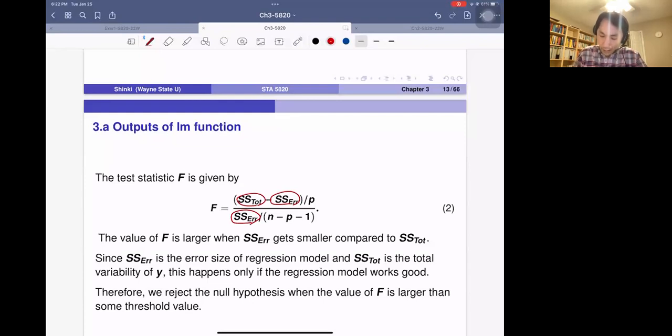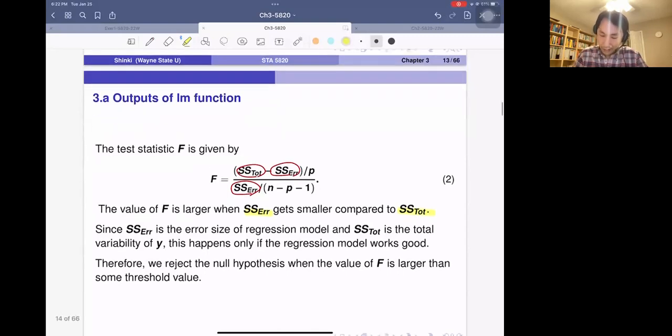So basically we take the ratio of SS total minus SS error over SS error. This value gets larger if SS error is smaller. The value of F is larger when SS error gets smaller compared to SS total. So in this case, the X predictors are significant. With a large F, we should reject the null hypothesis. With a large F, we should say predictors are useful.